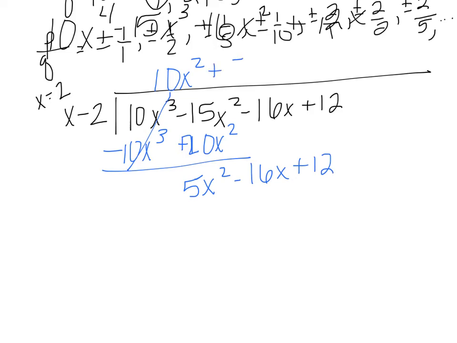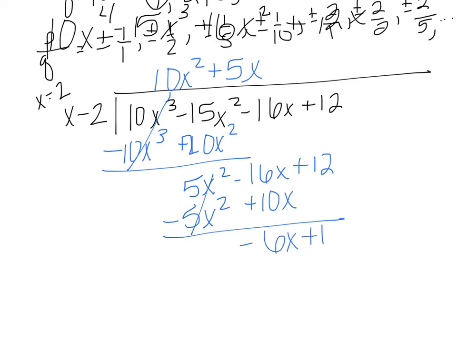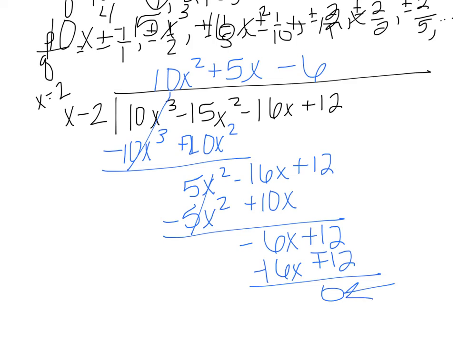So I have to have a positive 5x up here. 5x squared minus 10x. Change my signs, combine. Negative 6x plus 12. So I have to have a negative 6 up here. Plus 12. Change my signs, remainder of 0. If you don't get the remainder of 0, you did something wrong because the graph told you it should work.